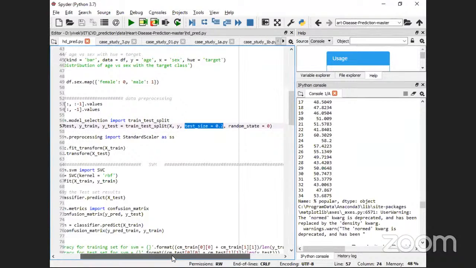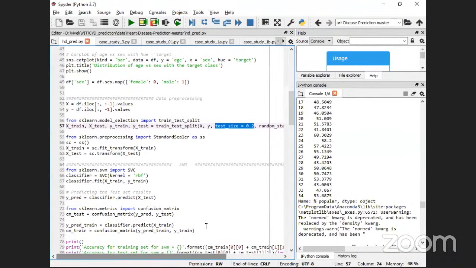That 80% of data is used to train your model, and based on the training it has received, you go for applying your supervised learning models to classify whether a patient is affected or not affected, and further to calculate the accuracy of the classification with respect to that disease.